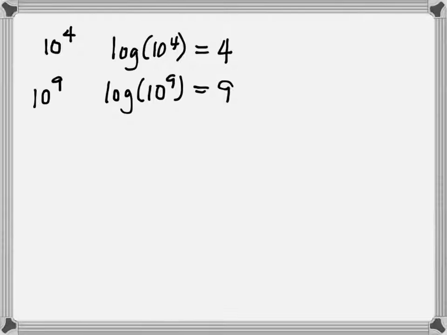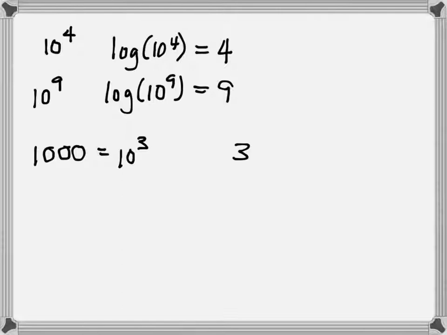So, type in 1,000 and take the log of it. It'll give you the answer 3. 1,000 equals 10 to the 3rd. The log of that is 3. Logarithm answers the question, what power of 10 is this number?